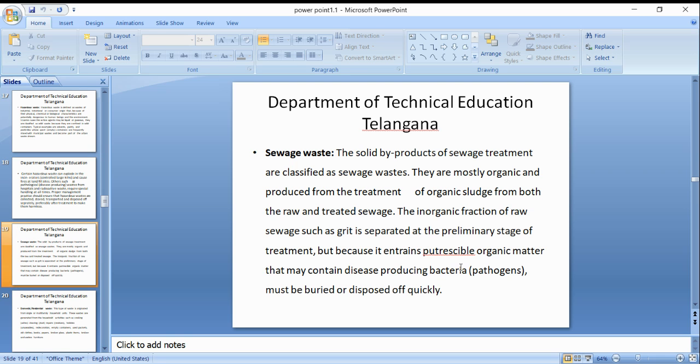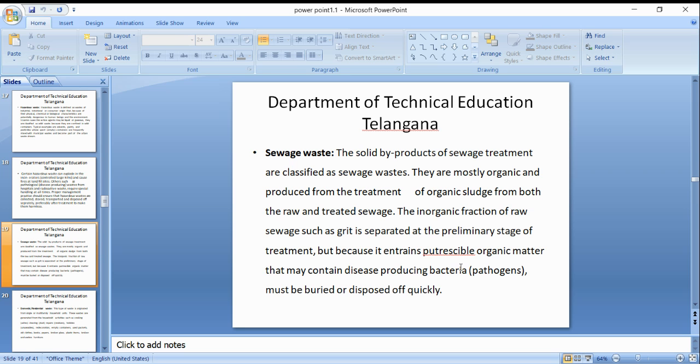Next comes sewage. The solid byproducts of sewage treatment are classified as sewage waste. They are mostly organic, produced from the treatment of organic sludge, both raw and treated sewage.